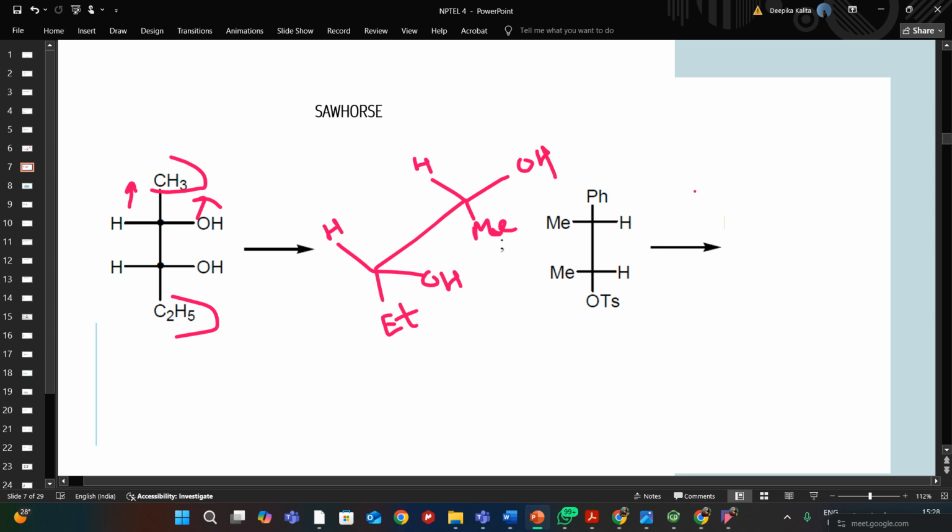And similarly, the second example is given, another Fisher projection, which we have to convert into Sawhorse. It's not necessarily that you have to draw in this direction only. You can draw it in this direction as well.